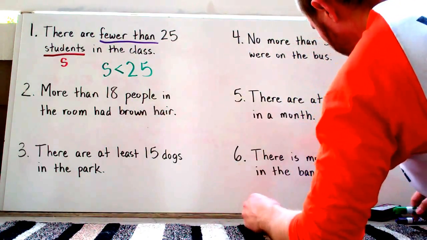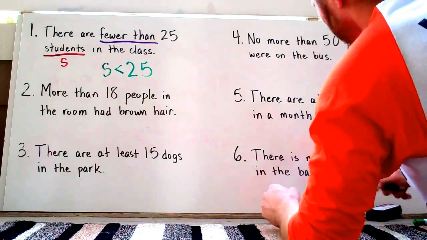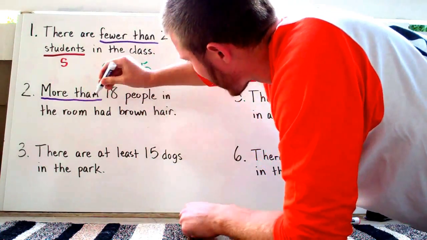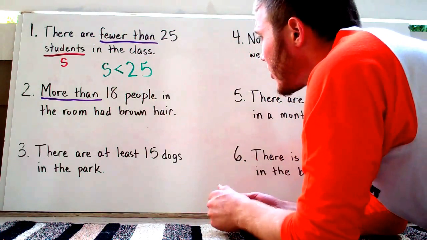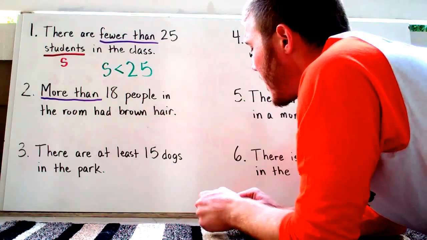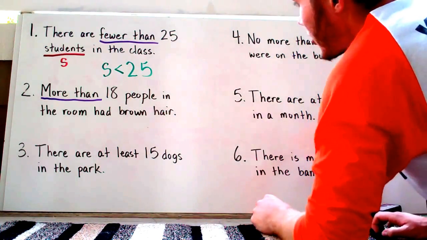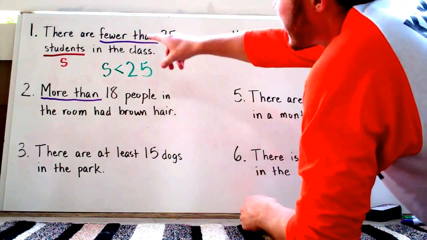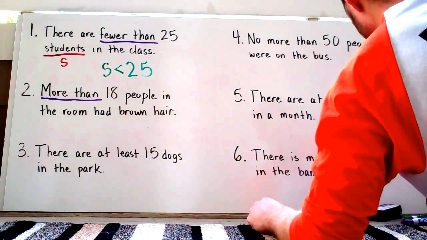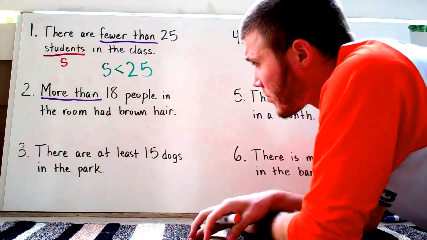Alright, next one. There are more than 18 people in the room who have brown hair. Okay, so let's circle this more than. This is going to tell us what inequality sign we're going to have to use. Well, the variable here, before it was students, now it's going to be people with brown hair.